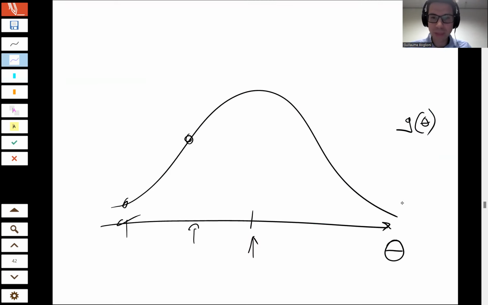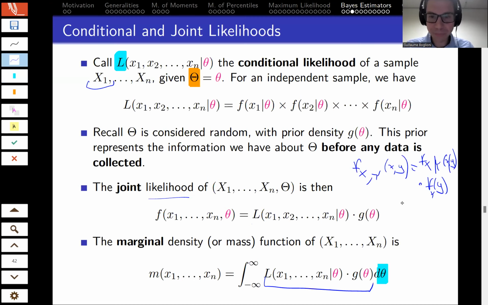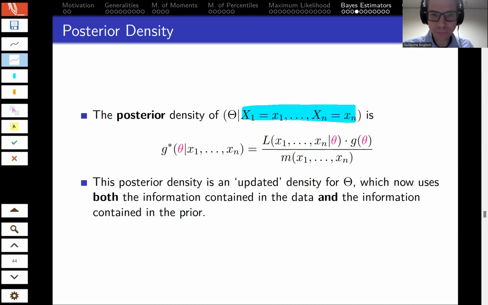Said otherwise, here we start with no data. That's what we think theta is, or the distribution of theta. But now that we observe data, which obviously depends on theta, we can update this idea of what the distribution of theta is in light of the data. This is done by analogy to Bayes' theorem.